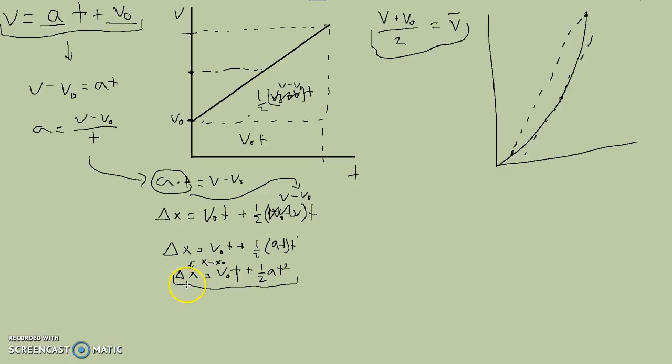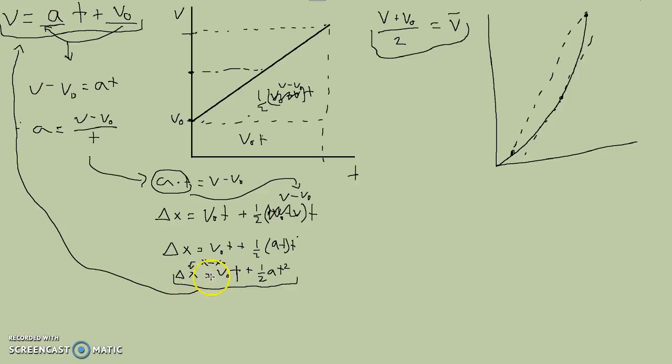Before we continue, what happens if you were to take the derivative of this function? You should end up back right here, except with maybe the v naught in the front.